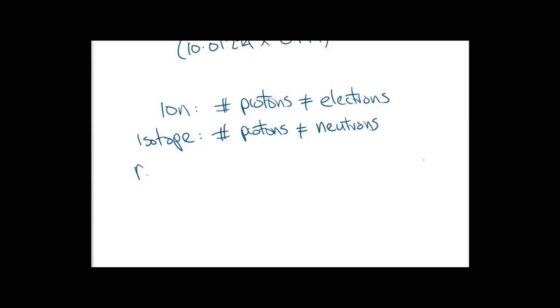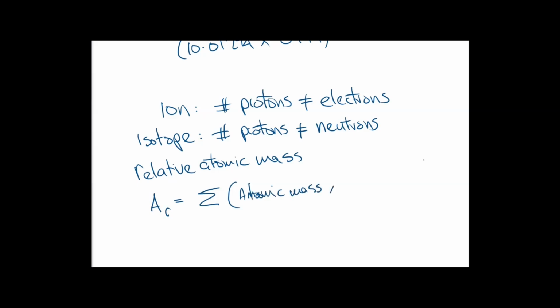And the relative atomic mass is the weighted average of the atomic mass of an element, and the relative atomic mass is the sum, so everything added up, of the atomic mass times its abundance.